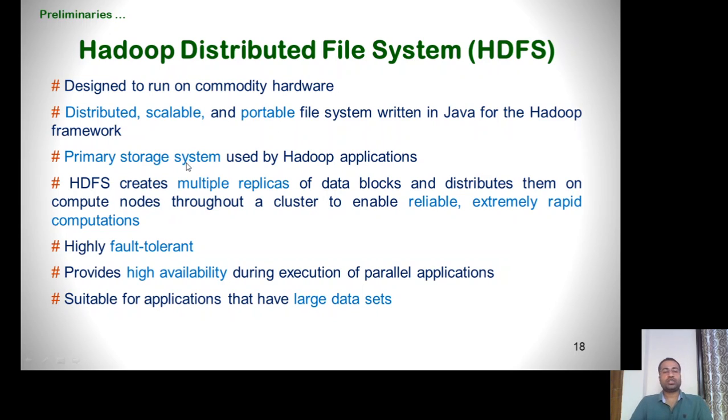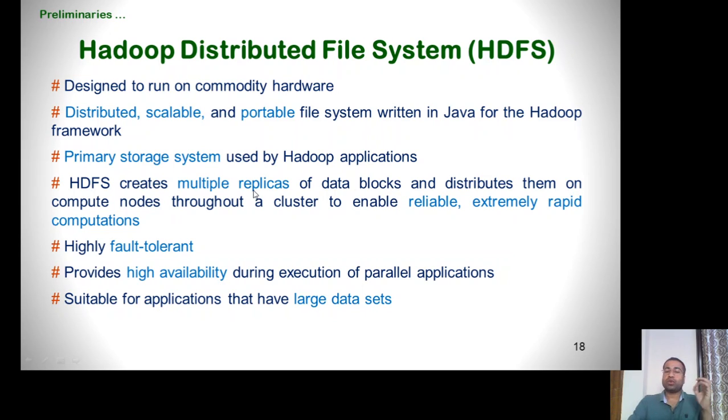HDFS is the primary storage system used by Hadoop applications. Hadoop uses only HDFS for its storage system, not another file system. HDFS basically creates multiple replicas of data blocks.